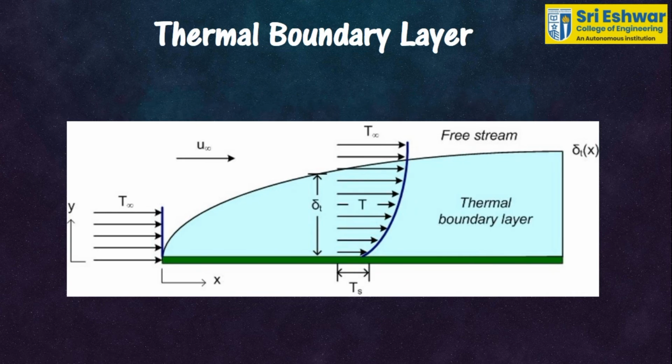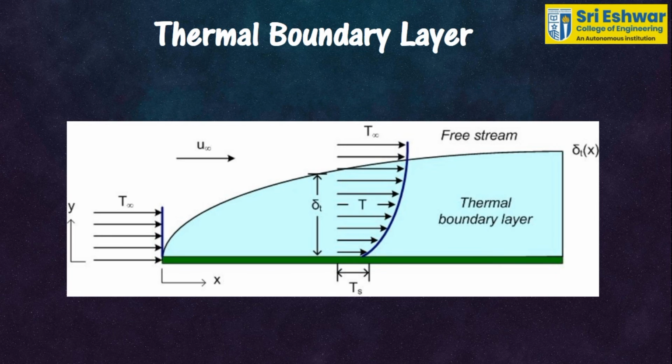Next, we are going to see what is meant by thermal boundary layer. This session explains some parameters used to characterize the property of the thermal boundary layer formed by a heated or cooled fluid moving along a heated or cooled wall. In many ways, the thermal boundary layer description parallels the velocity boundary layer in fluid mechanics.